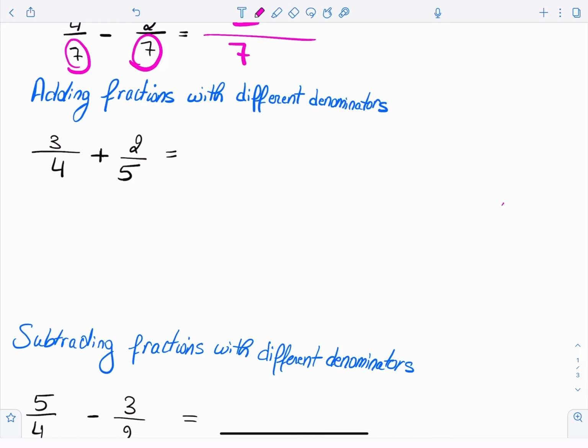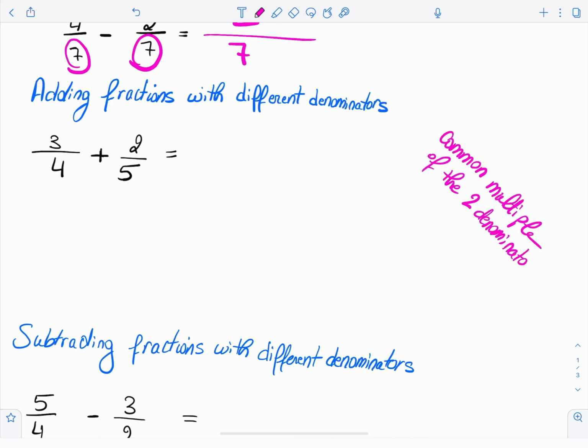We can multiply the numerator and the denominator with the same amount. Okay, you might be wondering, how can we do that? You just need to look for a common multiple of the two denominators.